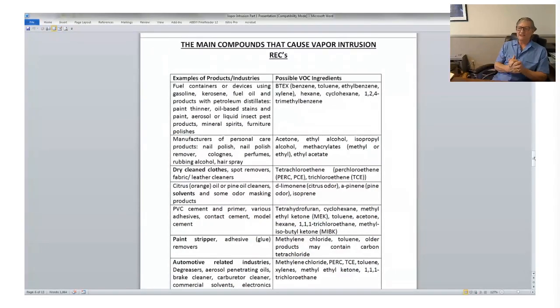But one thing that surprised me about this list is citrus orange oil. Remember, you have these termite sprayers that spray orange oil and say it's safe. Well, think about the levels of isoprene or alpha-pinene or D-limonene. They happen to be hazardous at certain levels, and that could be a concern.